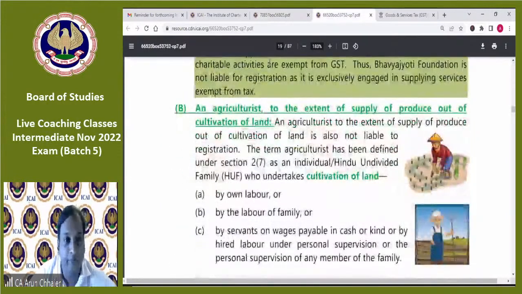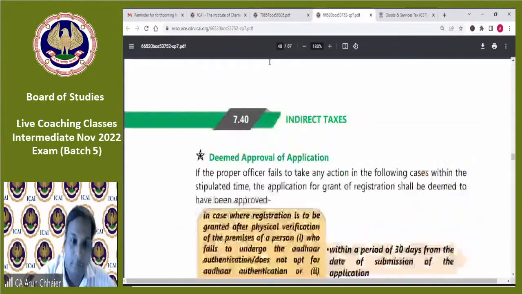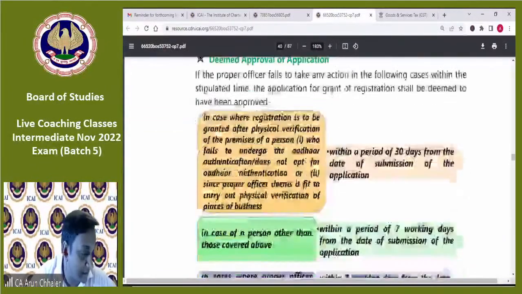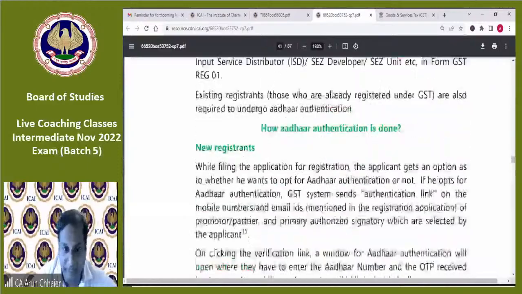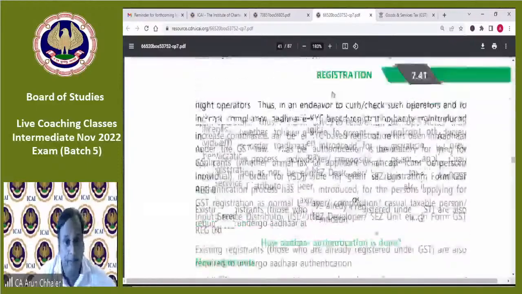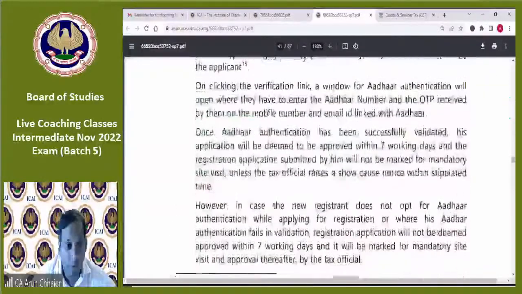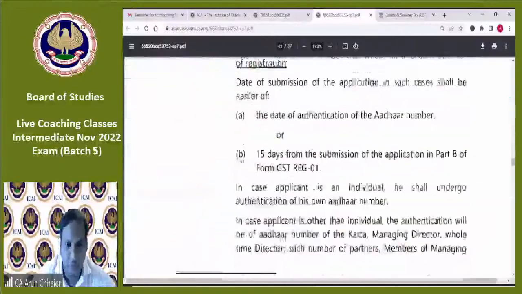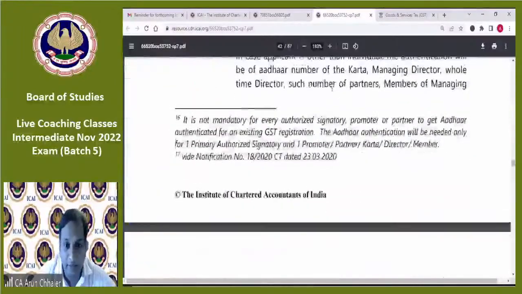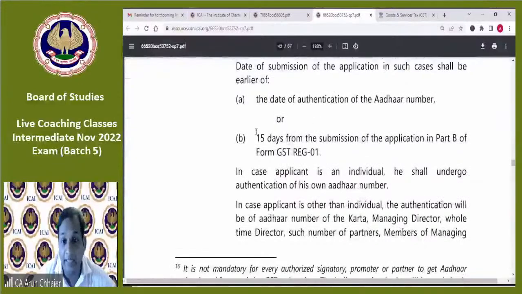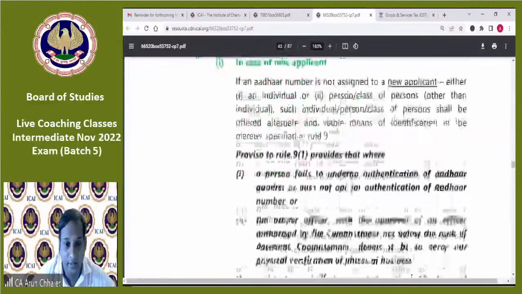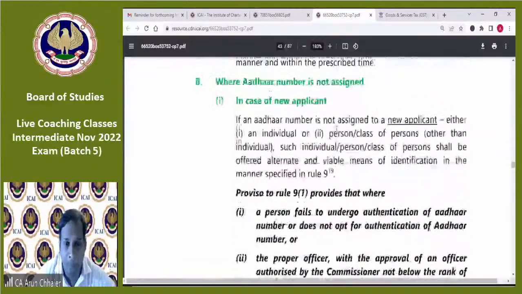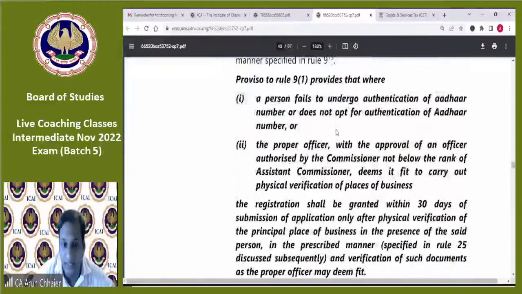Now moving on, we have discussed the deemed approval and Aadhaar authentication, everything. So now you just have to read the theory. There are 15 days to complete the Aadhaar authentication. Where Aadhaar authentication is not assigned, I have given the alternate mechanism.